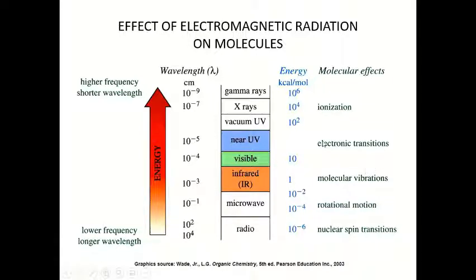Electronic transition occurs for near UV and even visible. Then with vacuum UV, X-ray, and gamma rays is when ionization takes place.